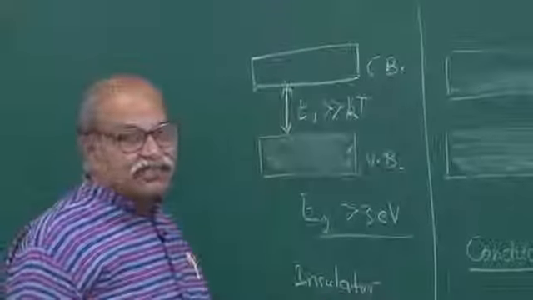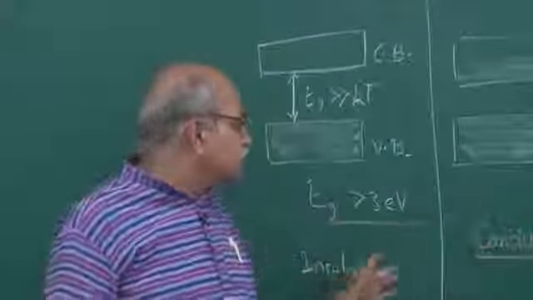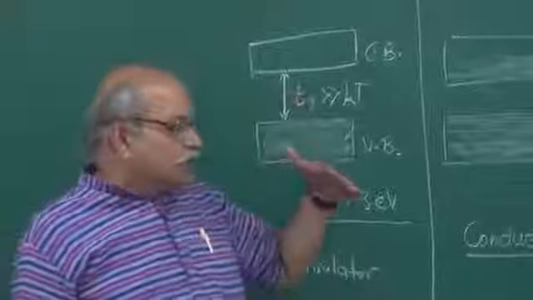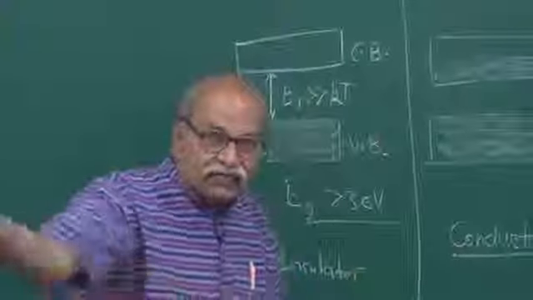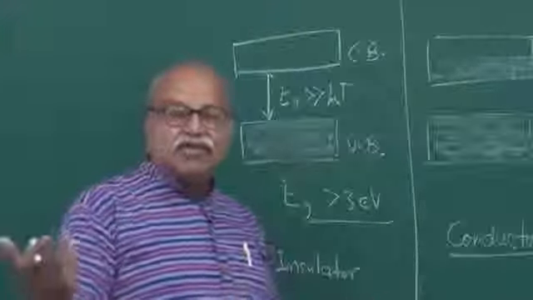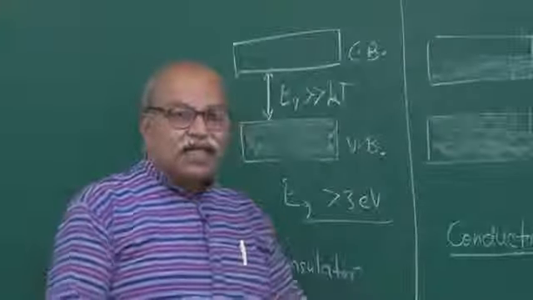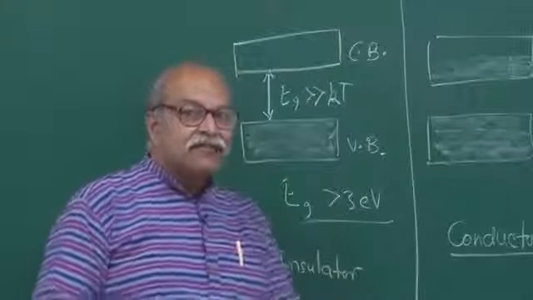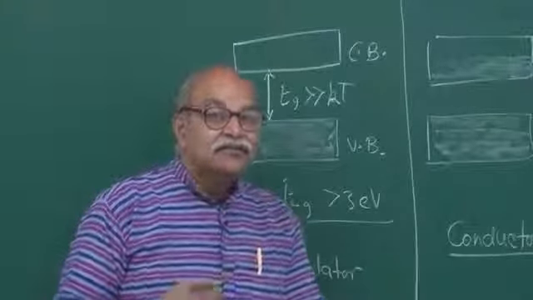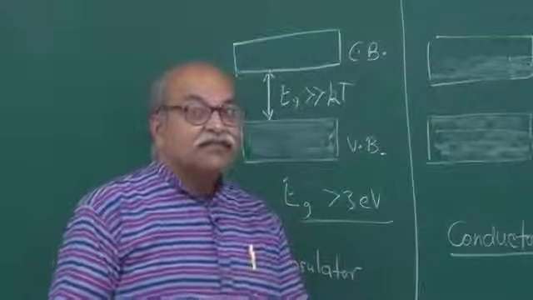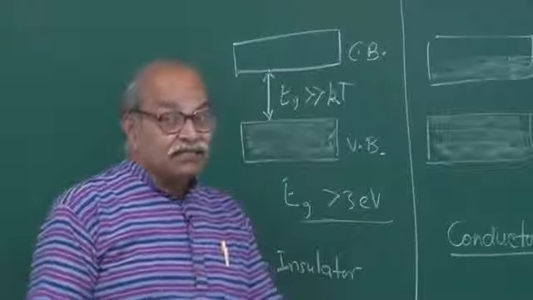And these are insulators. Why is this a conductor and this an insulator? Because when you try to pass current through the material, you essentially apply an electric field by connecting a battery. Once you apply the electric field, it tries to give kinetic energy to these electrons.